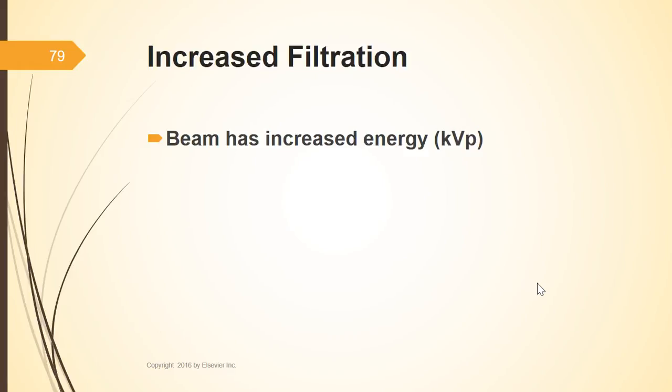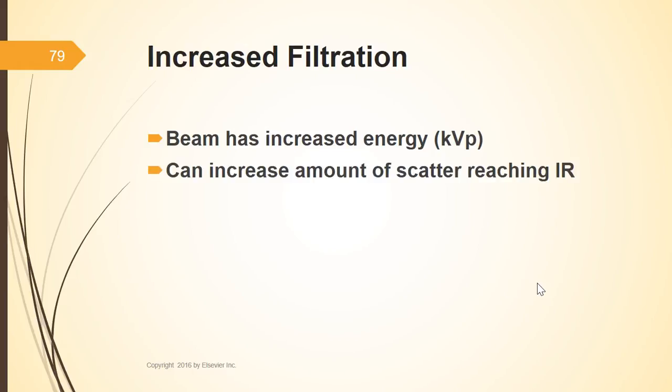But you can increase. And as a result of increased tube filtration, your beam has increased energy, more kV, and it increases the amount of scatter that reaches the IR. That increased X-ray energy, or the kVp and scatter, can actually decrease our contrast.